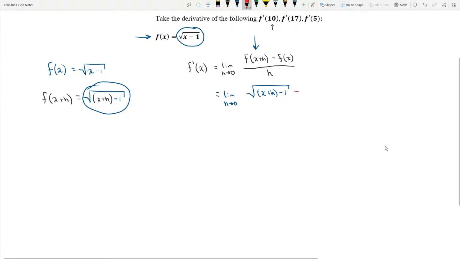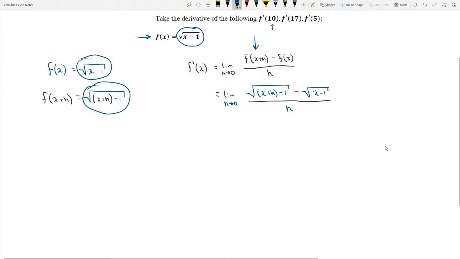And we are subtracting just the function f of x. We know what that is. That's just the original function, so we put that in. So that is the square root of x minus 1. And of course, this is still over h.